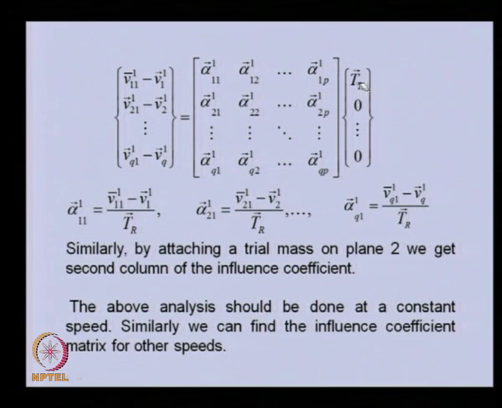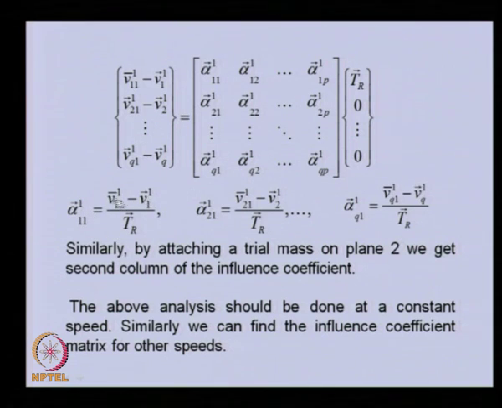Now, if we expand this equation, let us say the first equation, this will give us the first influence coefficient alpha 1 1 superscript 1 as this divided by TR. So, this influence coefficient can be obtained using this expression.